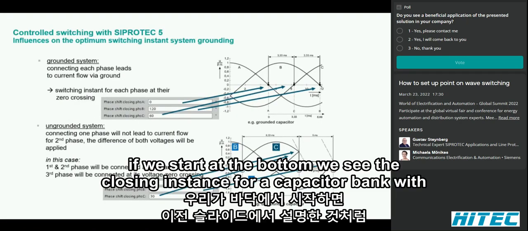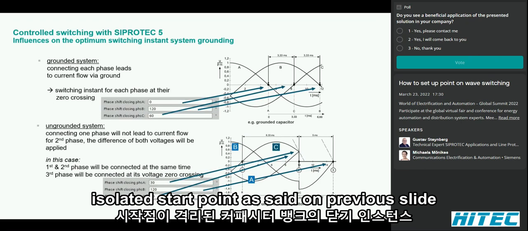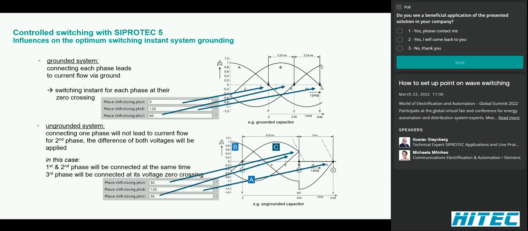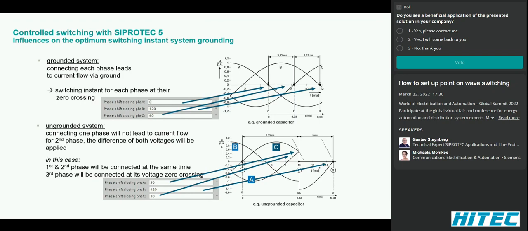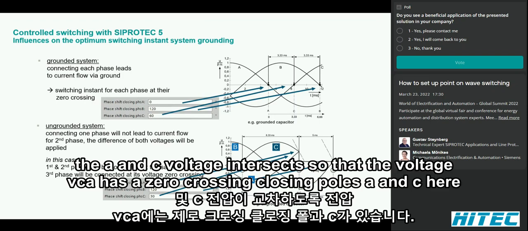If we start at the bottom, we see the closing instance for a capacitor bank with isolated star point, as said on the previous slide, with the first switching in phase A and C at 30 degrees. At 30 degrees on phase A voltage, the A and C voltages intersect so that the voltage VCA has a 0 crossing.